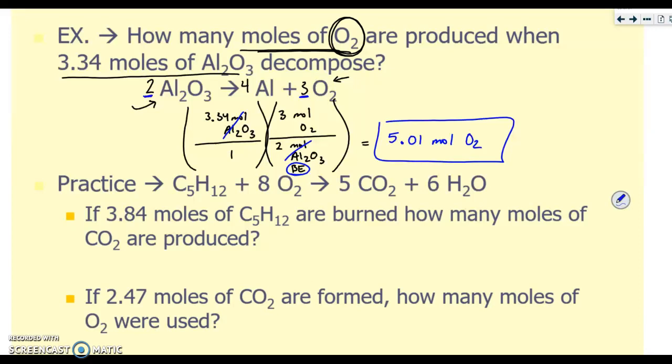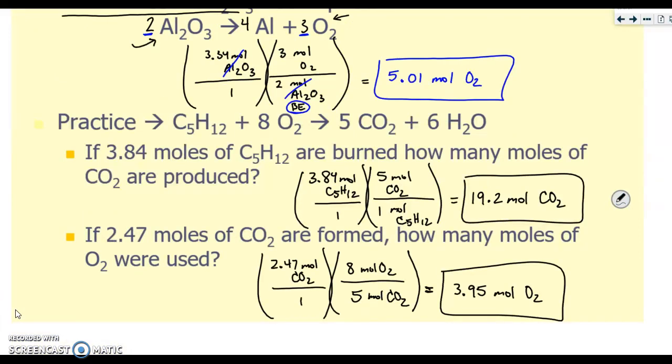Please pause the video and attempt the bottom 2 problems. Please check your answers. You should have started with the given for each one over 1, and then compared the 2 substances that they asked you about. It is really important that you label your substances here because these get more complicated.